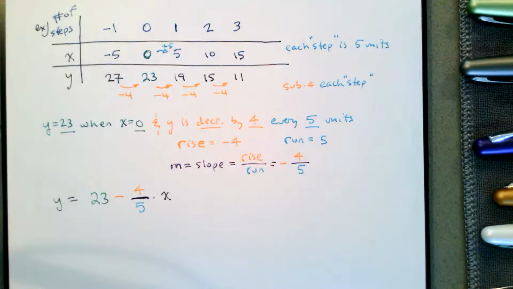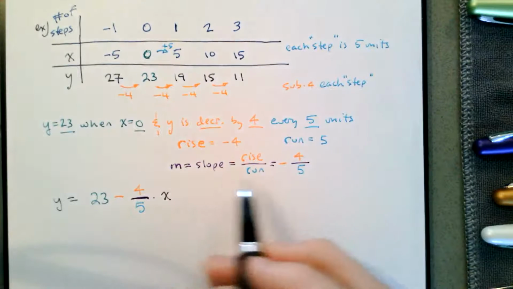I want to play with this step size idea for a moment, because when you look at the equation, it says something maybe slightly different. We might interpret this equation as saying y equals 23 when x equals 0. That doesn't change. But we might be describing the change as decreasing by 4/5 every 1 unit. What we want to notice is that slope is a ratio.